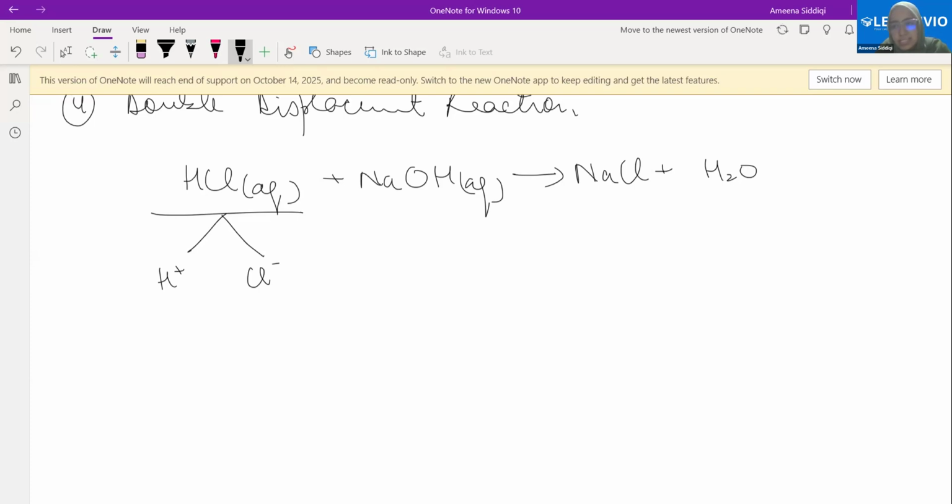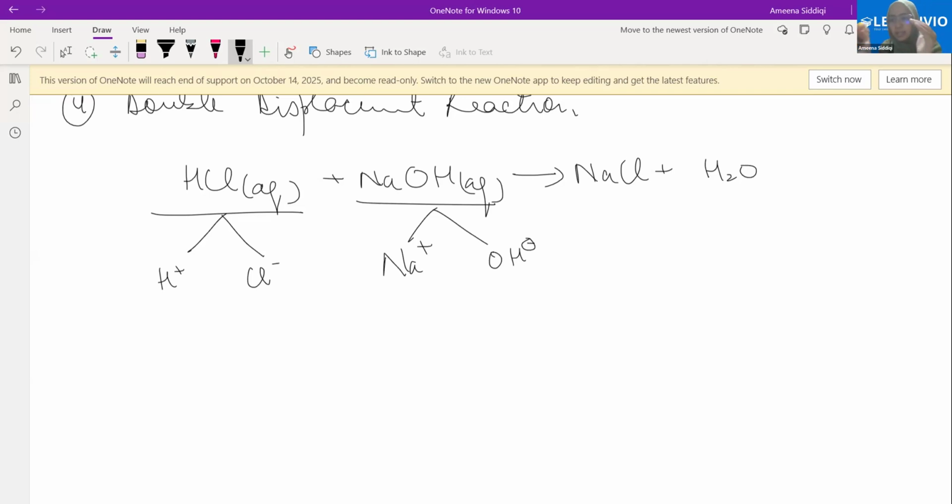Therefore HCl will get dissociated into H plus and Cl minus ions. Clear till here? In a similar manner, NaOH will get decomposed into what? Can you tell me the components? Not sodium, oxygen and hydrogen, beta. Na plus and OH minus.